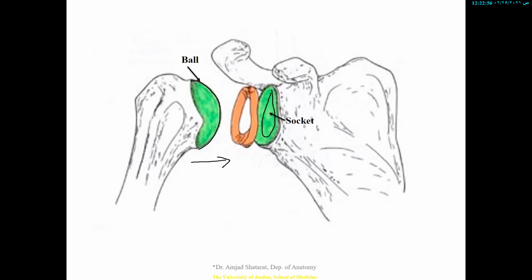Now I would draw another joint here, which is the wrist joint. The bones of the hand, the carpal bones, form a concave shape, while the lower end of the radius forms a convex part.